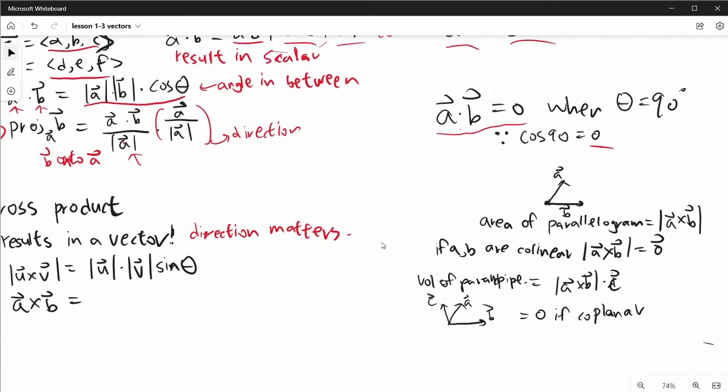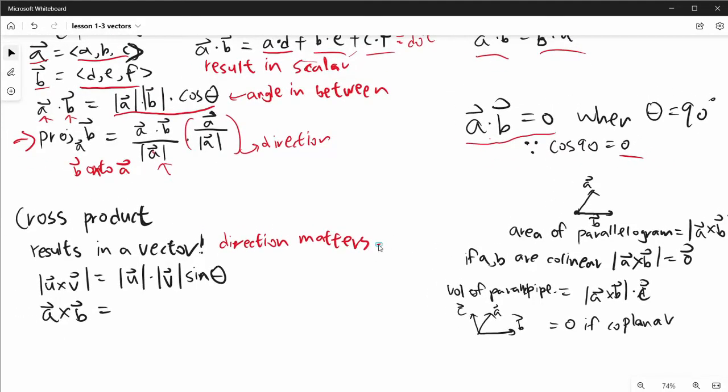So moving on to cross product. The cross product of two vectors ends up as a vector, so the direction will matter. That means A cross B does not equal B cross A, so you need to be aware of the order you're crossing things.